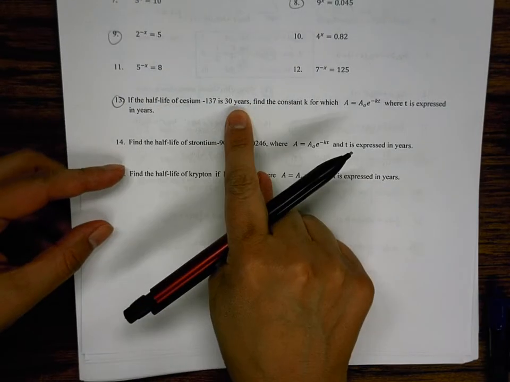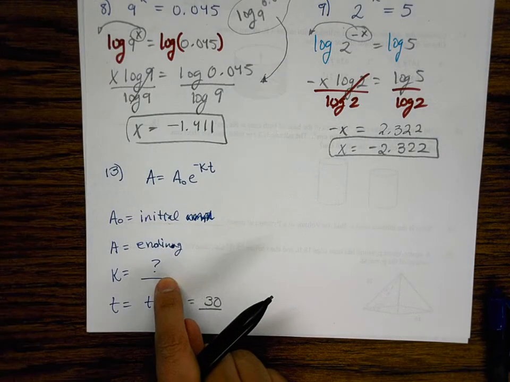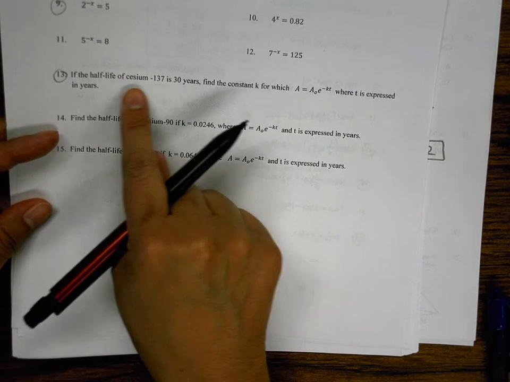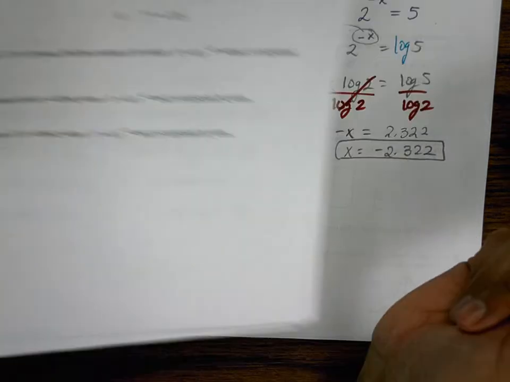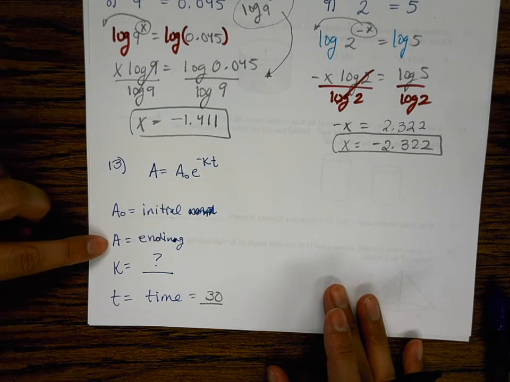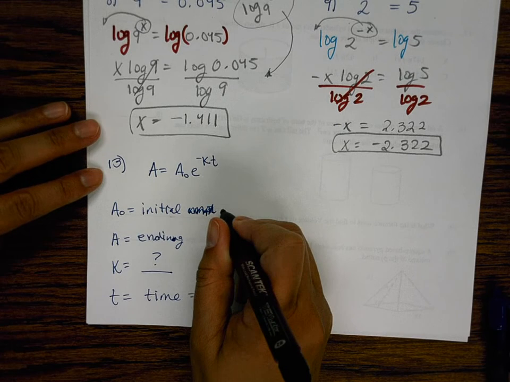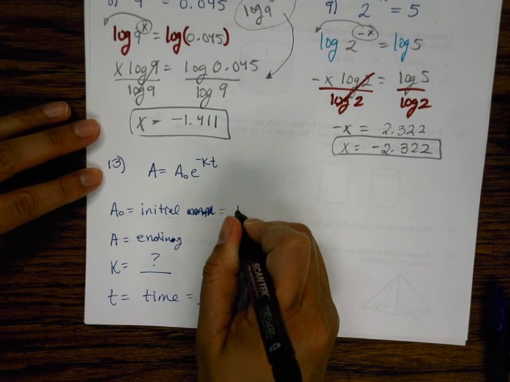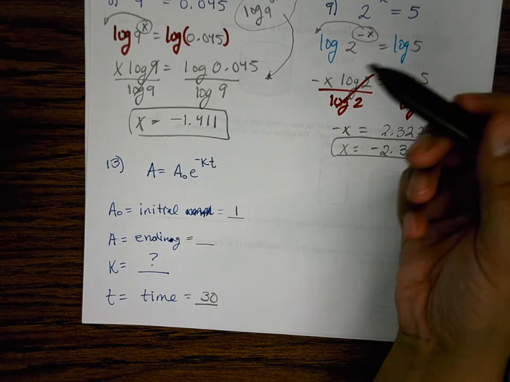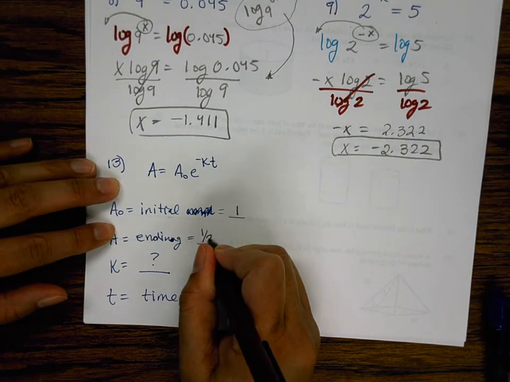Now, it didn't tell us the original amount and it did not tell us the ending amount. When that happens, you make your initial amount 1, and your ending amount depends on what it says. It says half-life, so half of 1 is a half.